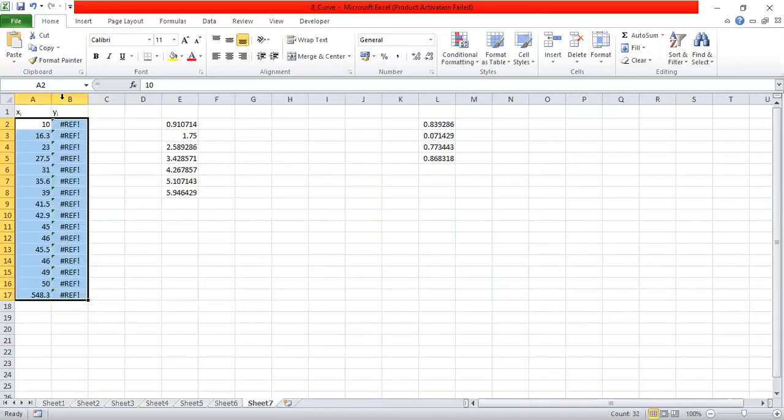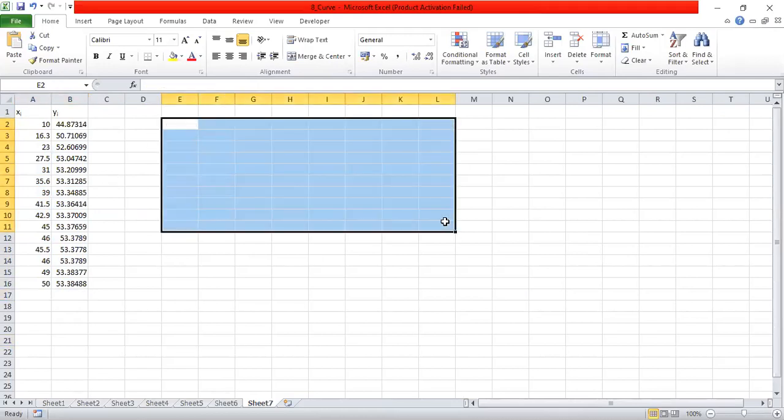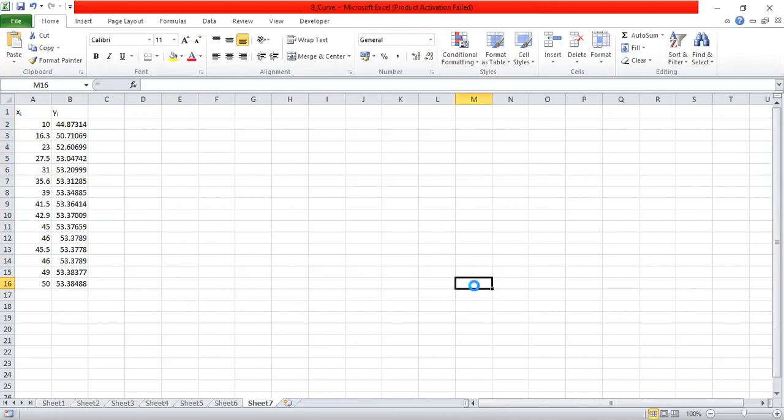I want to use another example with the same program. So let me delete these results. So now I want to generate the chart for the line of best fit using the second example. So this is the model, the mathematical model. Then these are the measured values.